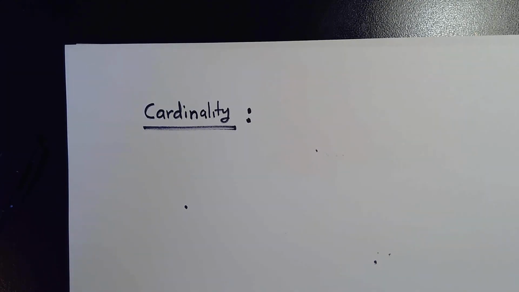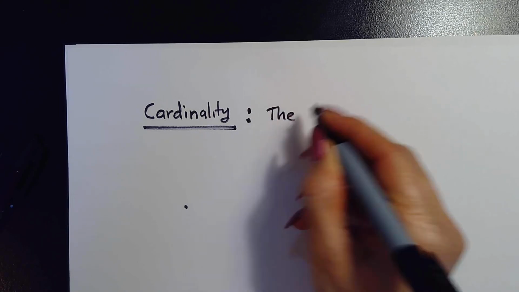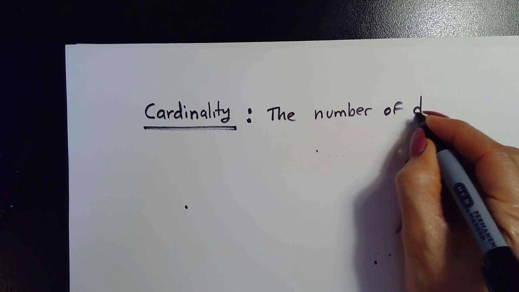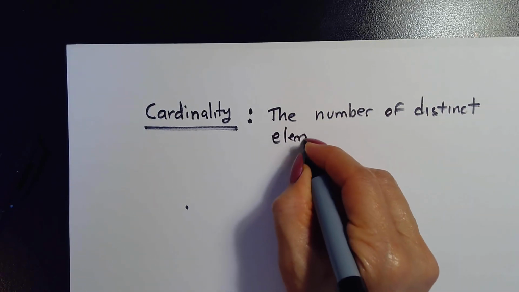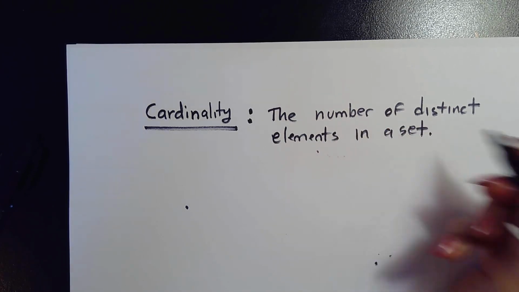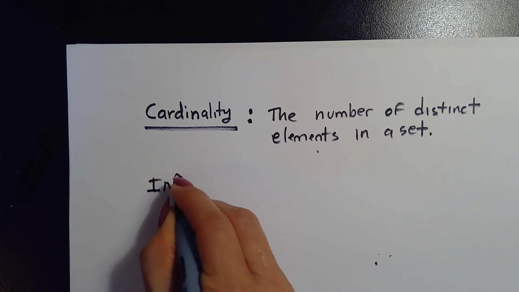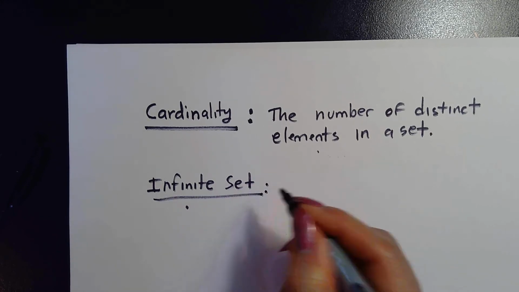Okay, so the cardinality of a set is the number of distinct elements in a set. And so an infinite set is a set that has infinite cardinality.